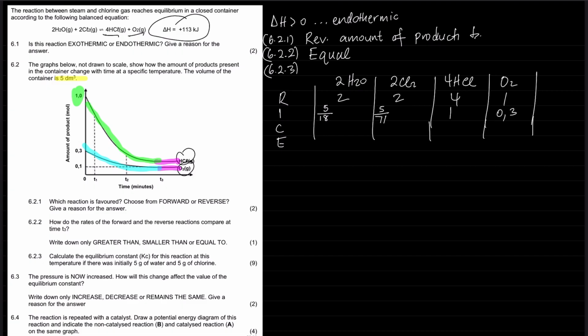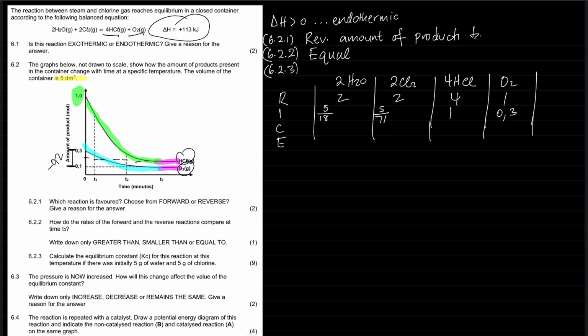Okay, now the change. For HCl, we don't really know what the change was because the graph doesn't have any value there. Though we can see for O2, it started at 0.3 and ended at 0.1. So it decreased by 0.2.